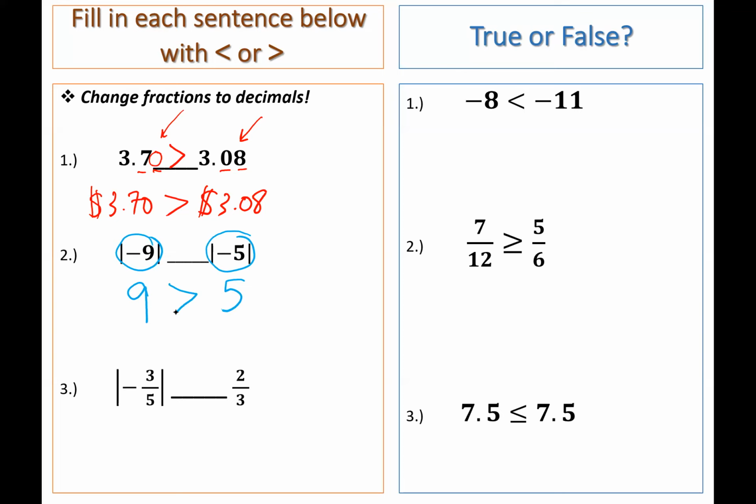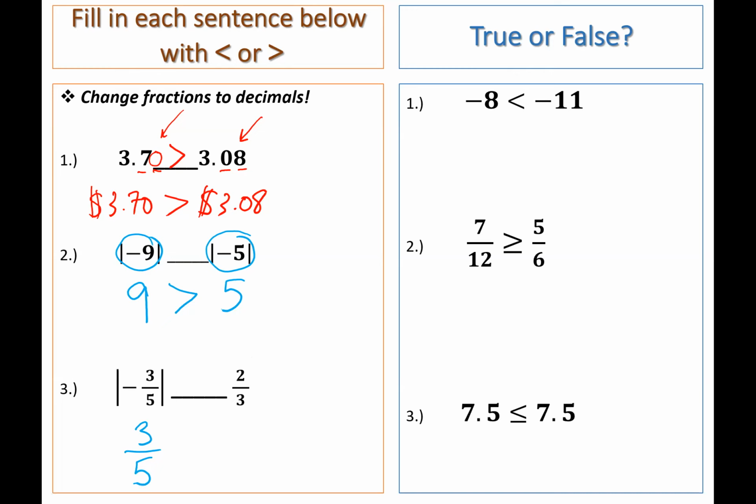All right, good. Number 3, we're comparing the absolute value of -3/5 with 2/3. So first of all, the absolute value of -3/5 is just 3/5. And now we need to compare this with 2/3. Now there's a few ways to do this. You can compare fractions by giving them common denominators.